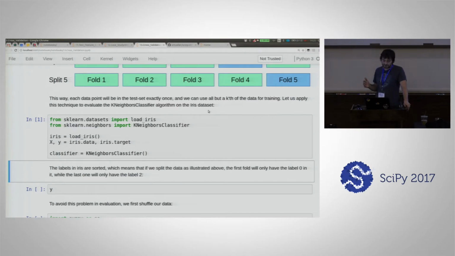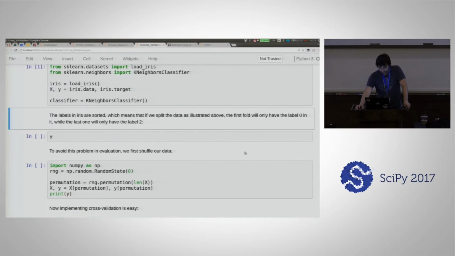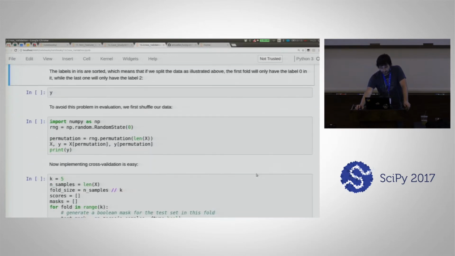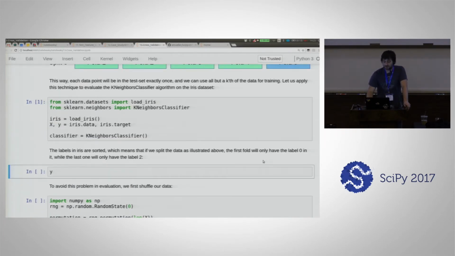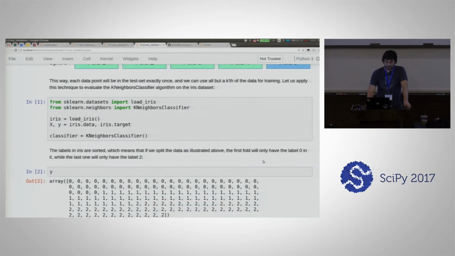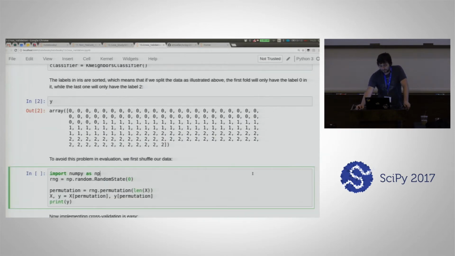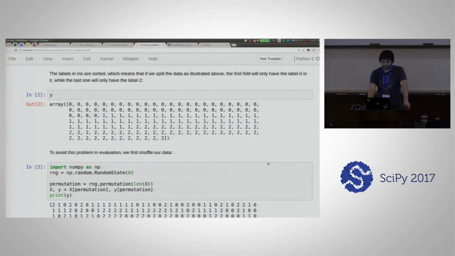So we load our iris data set, we have x and y, and we have the classifier. The data in iris is sorted, so to get rid of some silly side effects, we're going to shuffle it real quick.